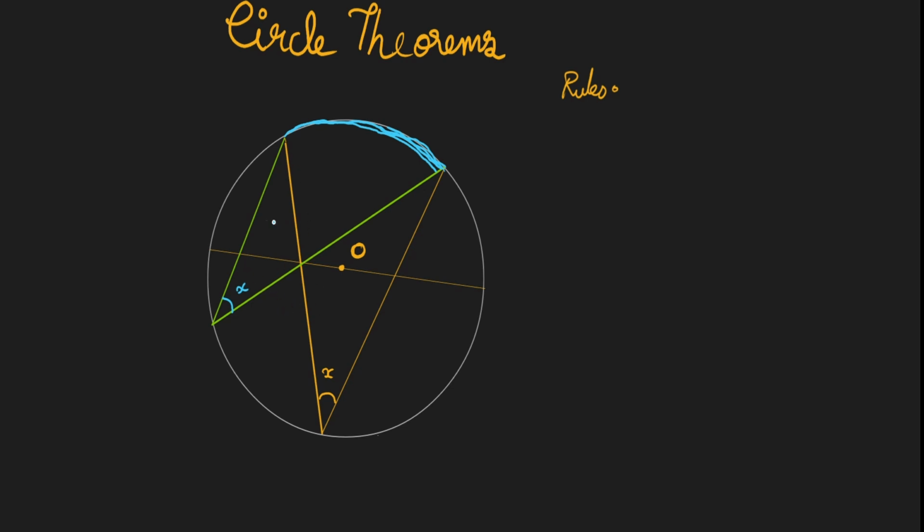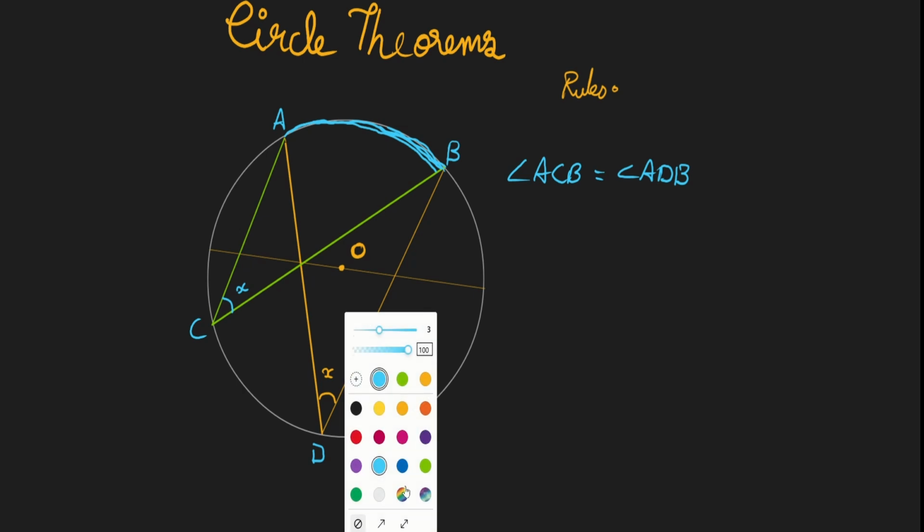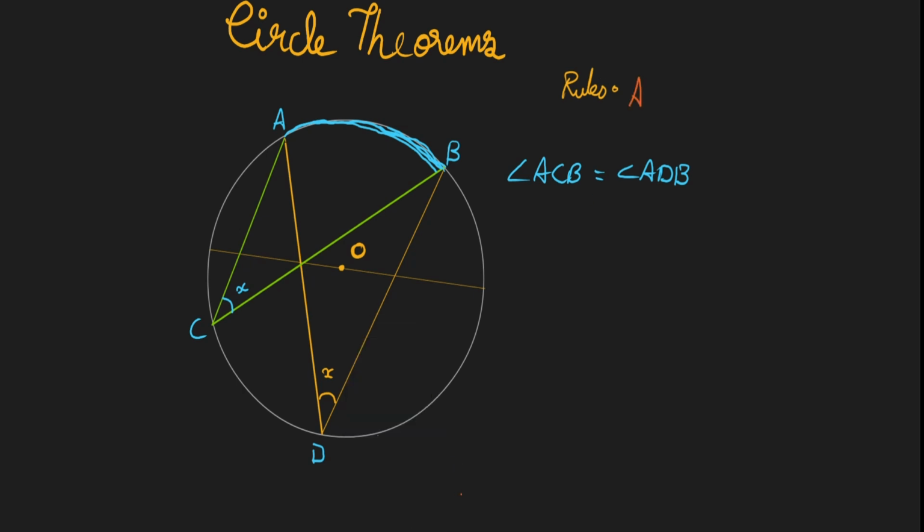So this, let's say, was A, B, this is C and D. Therefore angle ACB is equal to angle ADB. So for our first rule, angles from the same arc are equal. That's our rule number one.